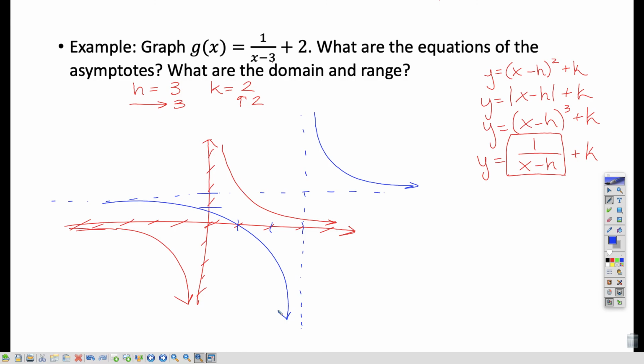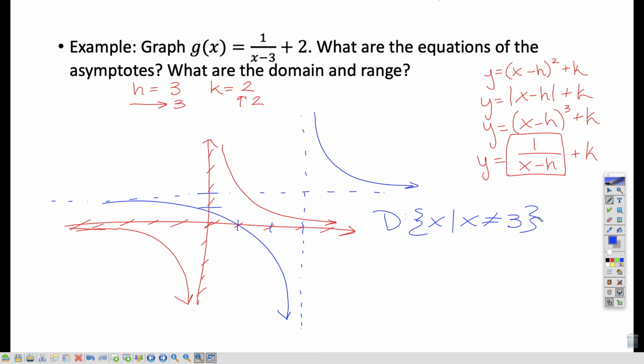So now, what is my domain? What can X be now? It can't be 3. X can't be 3. Now, I want to ask you a question. Mathematically, why can't X be 3?